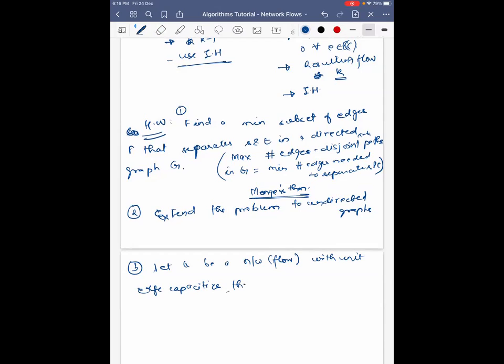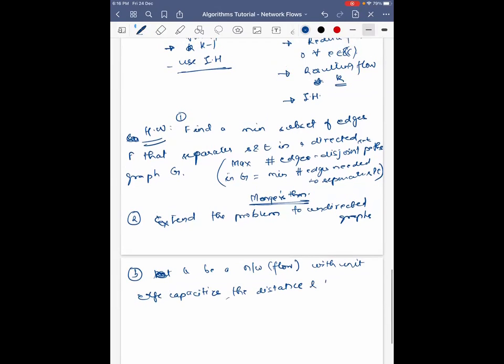The distance between S and T cannot be greater than 2 times the number of edges divided by the value of f hat, where, so 2 times number of edges, or what is it?